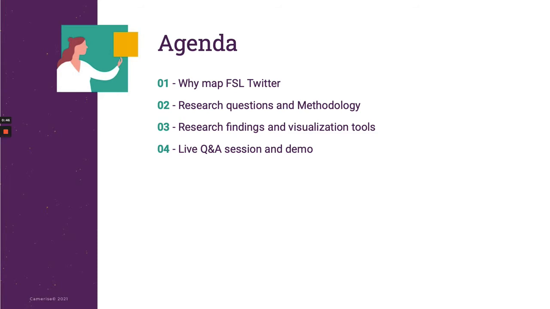We will briefly explore findings and some of the visualization tools that I developed for the analysis. And lastly, I will be holding a live Q&A session between 11 and 11:30, which you can join after this presentation.